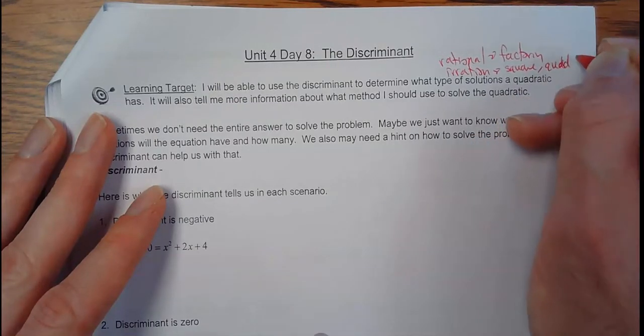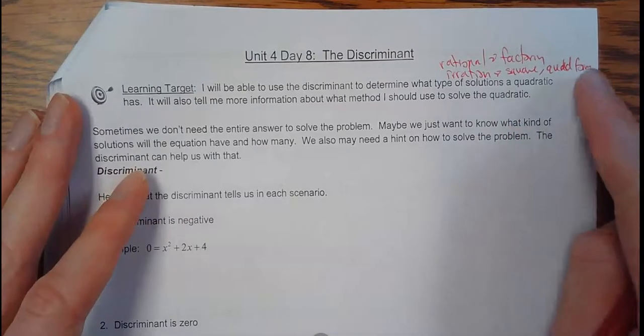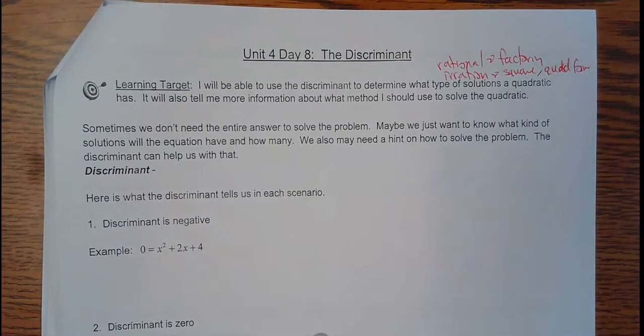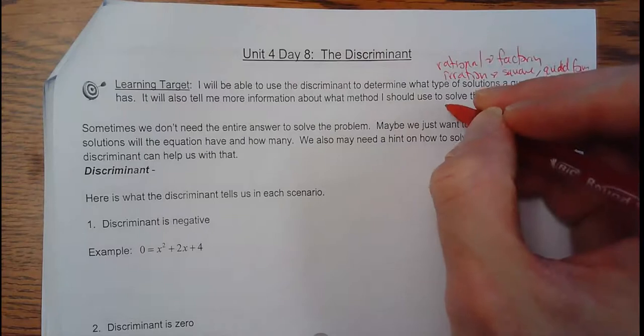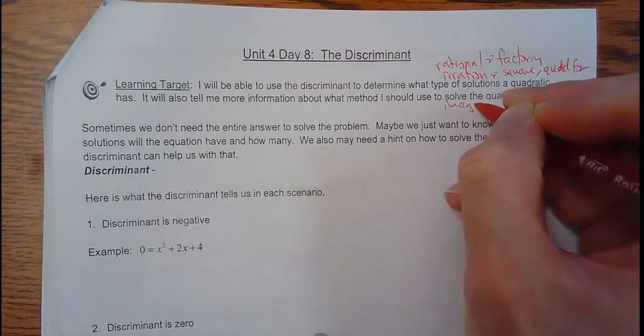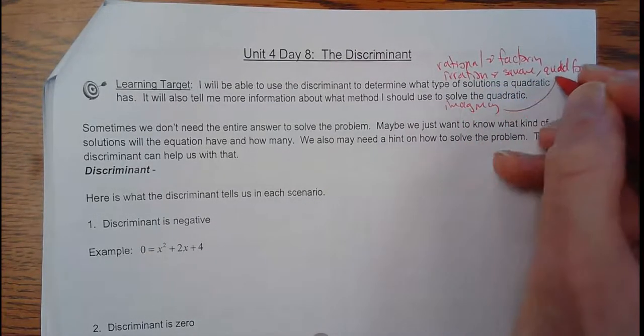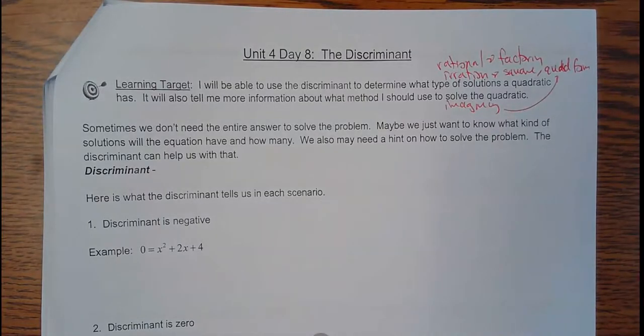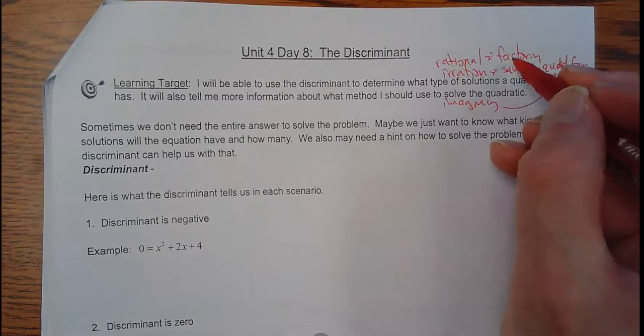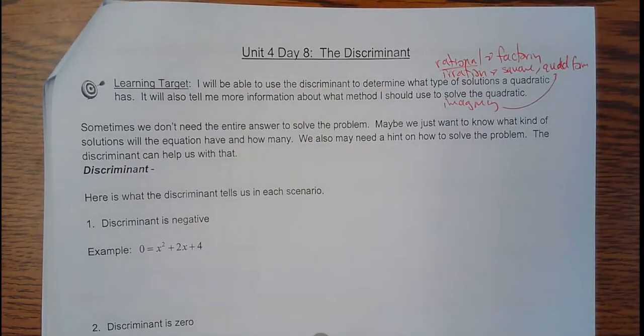So quadratic formula would probably be better. And also if they were imaginary, you're probably going to go with quadratic formula. You could still use square roots or quadratic formula in there, but you don't want to factor unless there's rational roots in there. And rational means it can be written as fractions, which means that they are factorable.